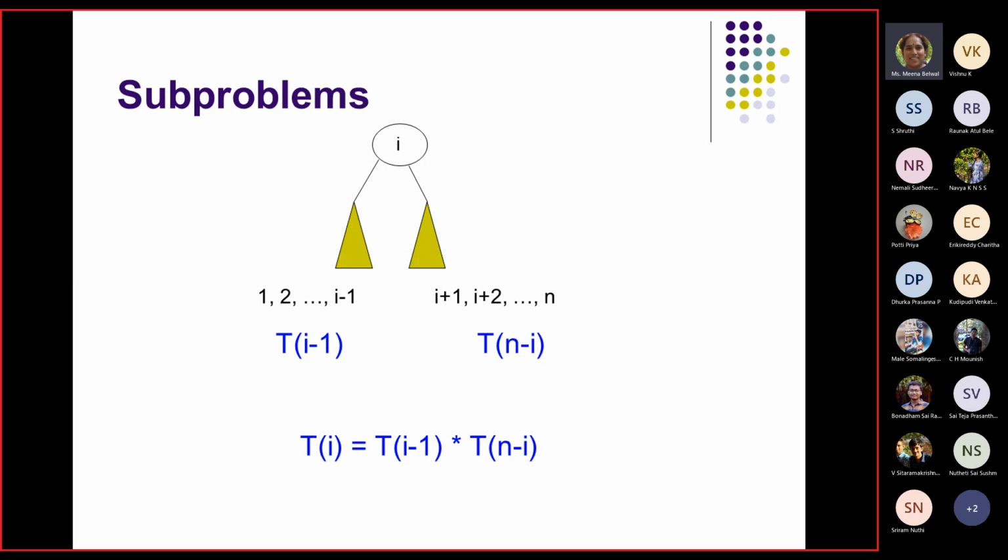I am not saying that it will be exactly the same nodes. If you talk about the count, then the count for I plus 1 to n will be the same as the count of T of n minus I. So the total combinations that you will make by making I a root node is T of I minus 1 multiplied by T of n minus I. That is your T of I. T of I is equal to T of I minus 1 into T of n minus I. That becomes your sub-problem.